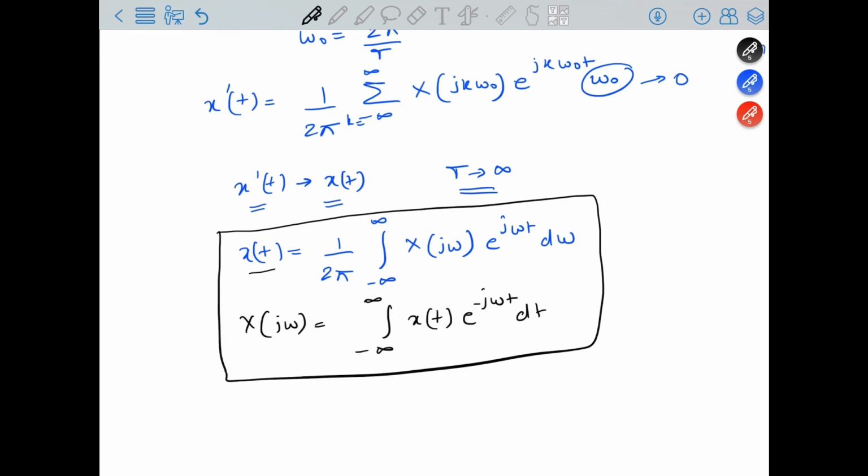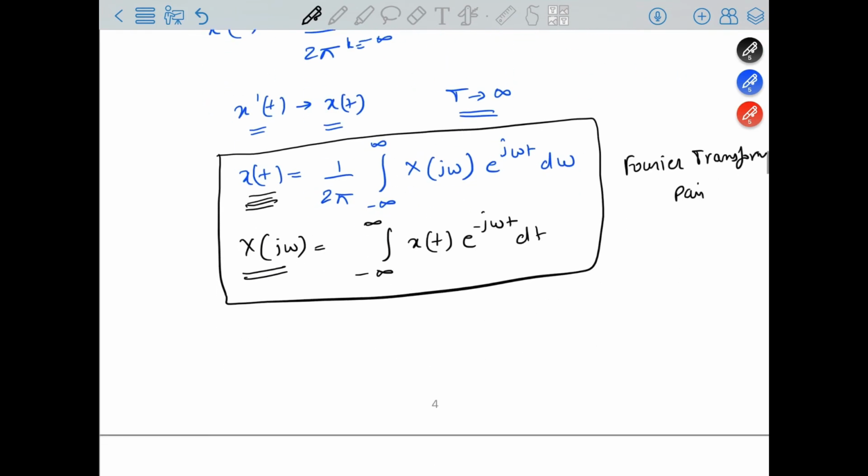So, any signal x(t) can be represented in terms of these two, and they are called the Fourier transform pair. This is your Fourier transform and this is your expression for the inverse Fourier transform. We will use these formulas throughout to get the Fourier transform of various kinds of signals. So, we will start with some of the basic signals.